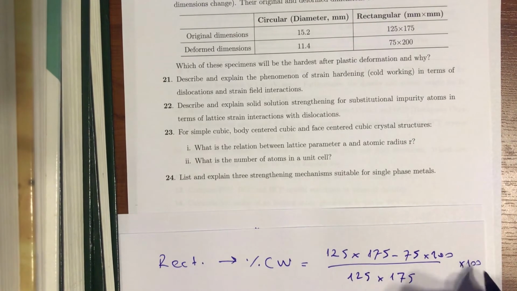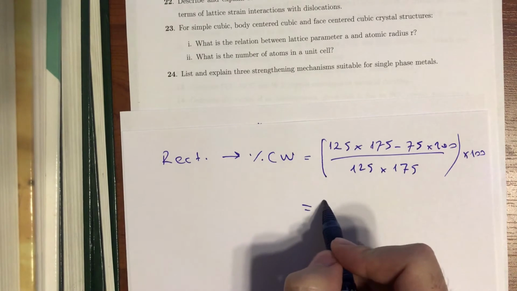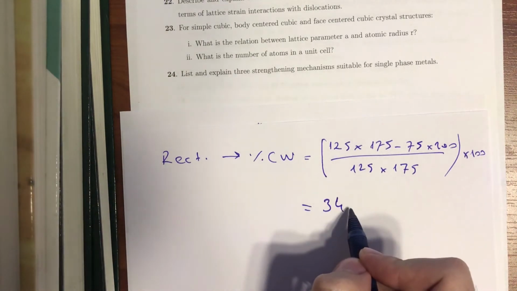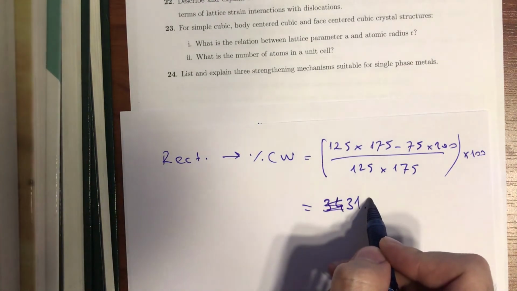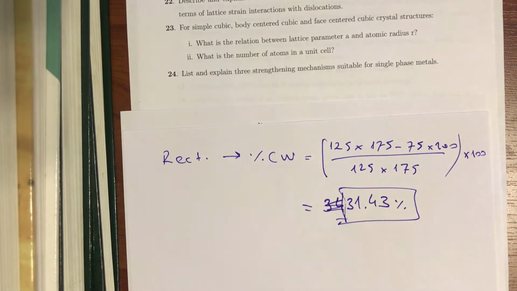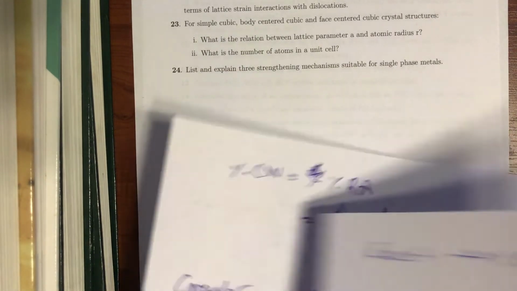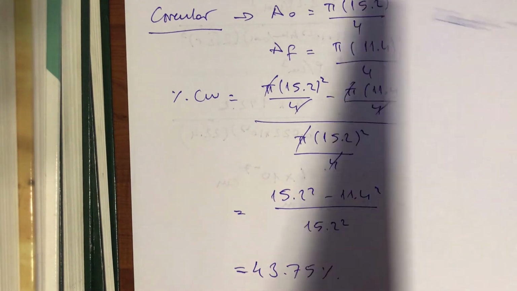Now times 100, this whole thing. That turns out to be 31.43%. So compare these values. Circular has higher percent cold work.